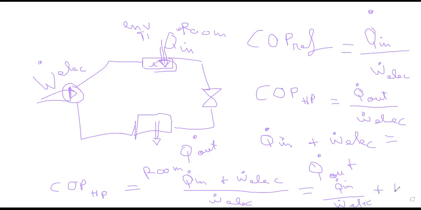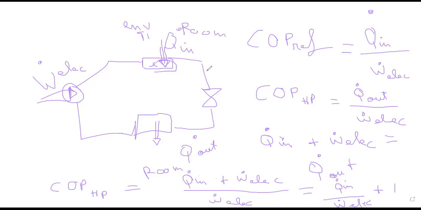Okay. So here I can operate my system depending on the season as heat pump or refrigeration. And by providing electrical work, I will force heat to go in the opposite direction of the natural one. In natural cases, heat will always flow from hot to cold.